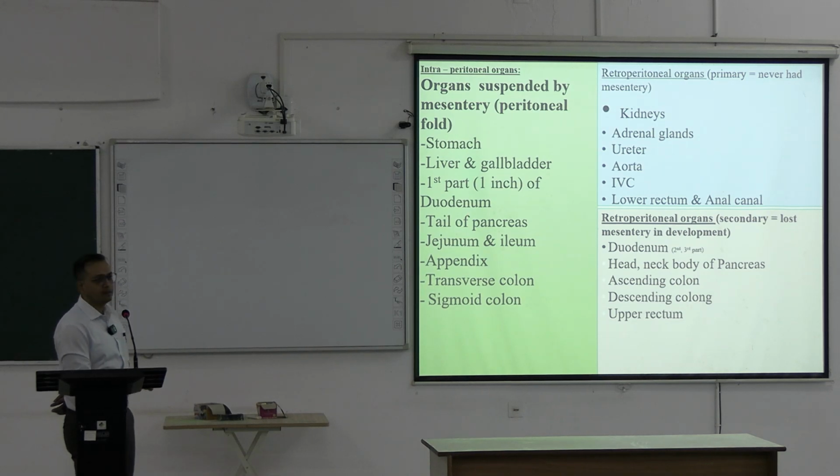Retroperitoneal ones are primary or secondary, that is their classification. Keep this chart for your reference. If you remember one or two, it's good enough. If you cannot, just say about primary retroperitoneal organs, the kidney present in this region, and the pancreas, the two examples of primary and secondary retroperitoneal organs, that holds the whole thing.